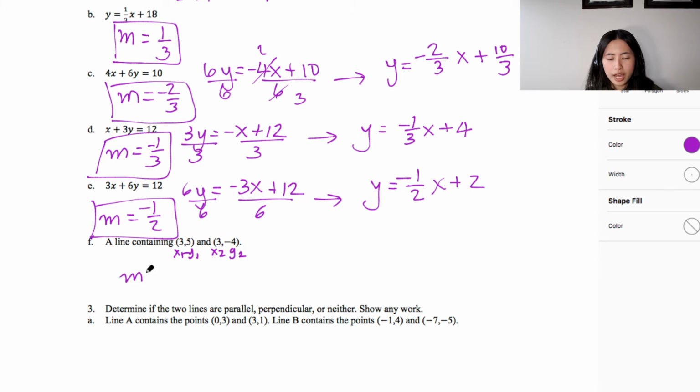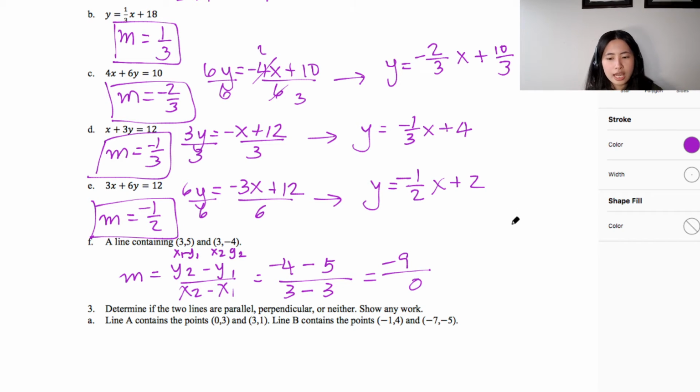Therefore, in order to find your slope, you would have y2 minus y1 over x2 minus x1, right? So your y2 is negative 4. You have a negative sign over here because of your equation, and then you have y1, which is 5, over x2, which is 3, minus x1, which is negative 3, right? So as you can see, you're going to have negative 9 over 3 minus 3, which is 0, right?